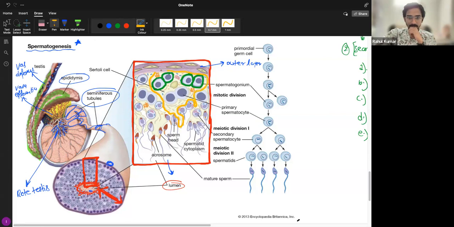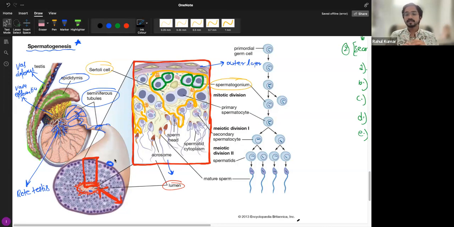Yes, sir, the whole yellow part. So what I have marked in yellow are called Sertoli cells. Okay, so these are the two kinds of cells which are important here: the spermatogonium cells and the Sertoli cells.